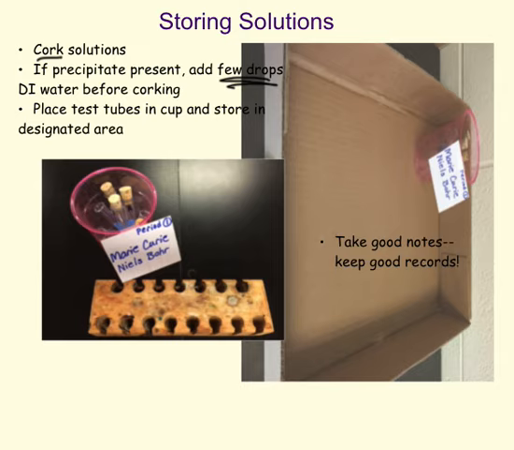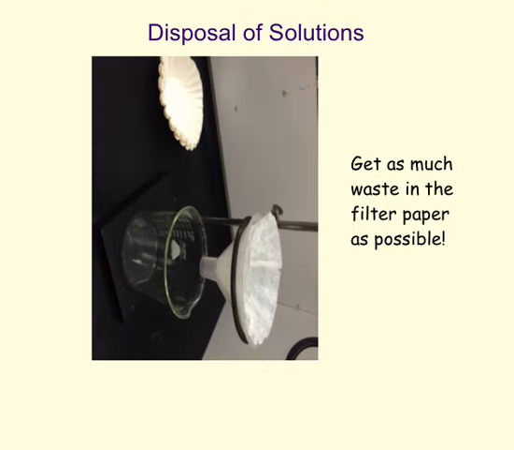Okay, you'll also have to worry about disposal of solutions. A lot of these things can really go down the drain, but we're trying to be as good as possible about getting as much waste in the filter paper as possible. There are some solids, some precipitates, that we really want to try not to get down the drain, and those are listed in your lab. But really, you can think about any solid that you come across.